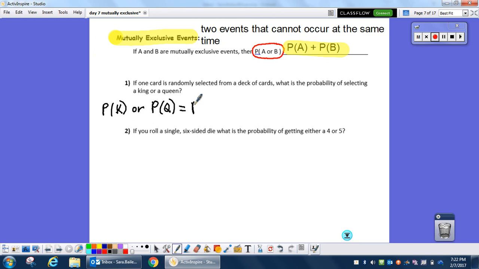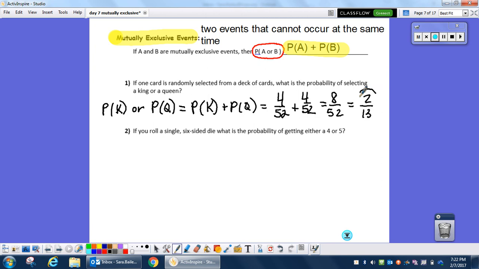And again, so we're going to add the probability of a king plus the probability of getting a queen. Which means there's 4 kings, so 4 out of 52 plus 4 out of 52 equals 8 out of 52. And you're going to simplify that to 2 over 13.